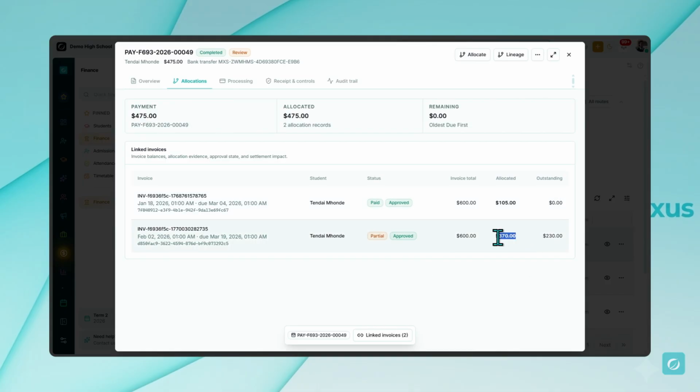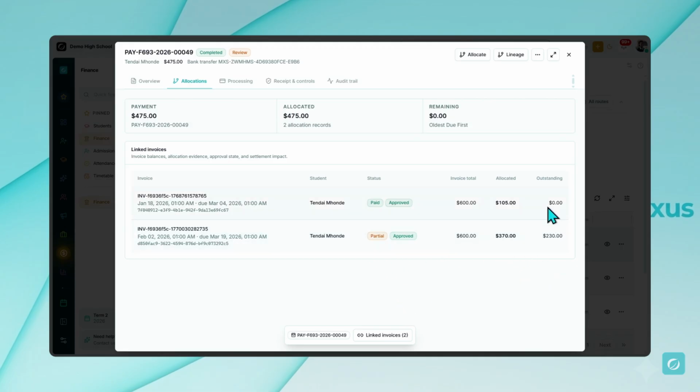That left $370 from the original $475 payment. Makronexus then moved that remainder to the next oldest invoice. The second invoice also totals $600. The $370 allocation reduced its outstanding balance to $230, so that invoice remains partially paid.